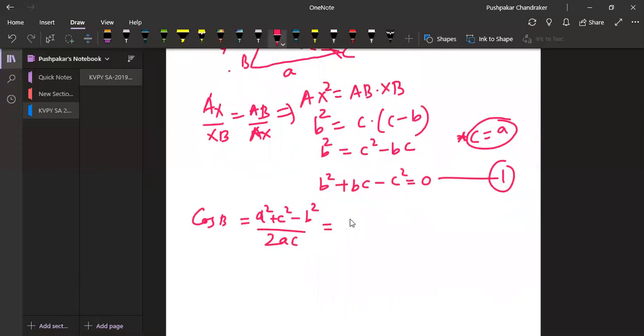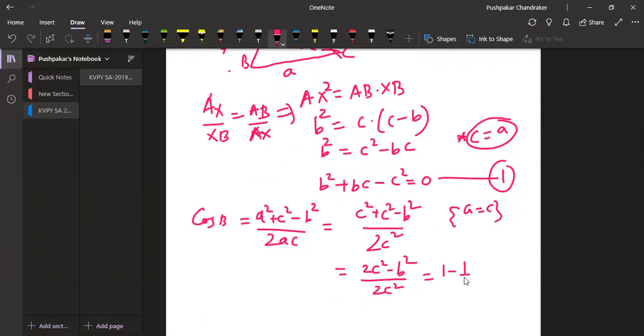See, a is already equal to c, so we can write c squared plus c squared minus b squared divided by 2c squared. This is given in the problem. So you get 2c squared minus b squared by 2c squared, so you get 1 minus half b squared by c squared.